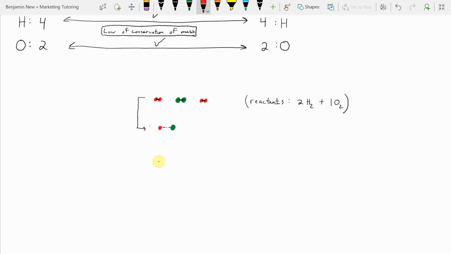Over here, this atom of hydrogen starts to move away, so that's going to become a dotted line to indicate it's weakening. Over here, this green oxygen atom is also moving away from the one it was bonded to, so that is a weakened bond there. And the hydrogen atom over here moved closer, and this one moved a little bit farther away. So this one is starting to form, and this one is weakening between those two.